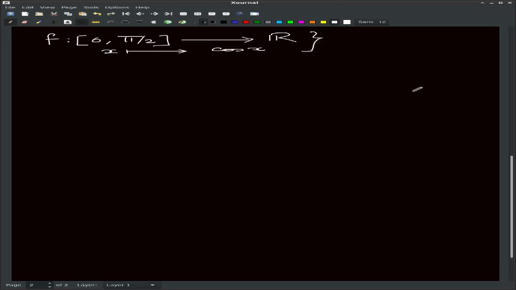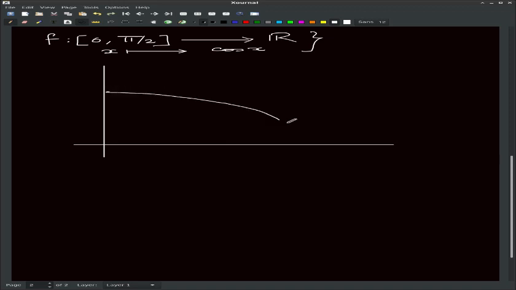Yes, so that is my cos function now. If you try to draw the graph, it looks like this. So here it is 1, and something like this. Right?